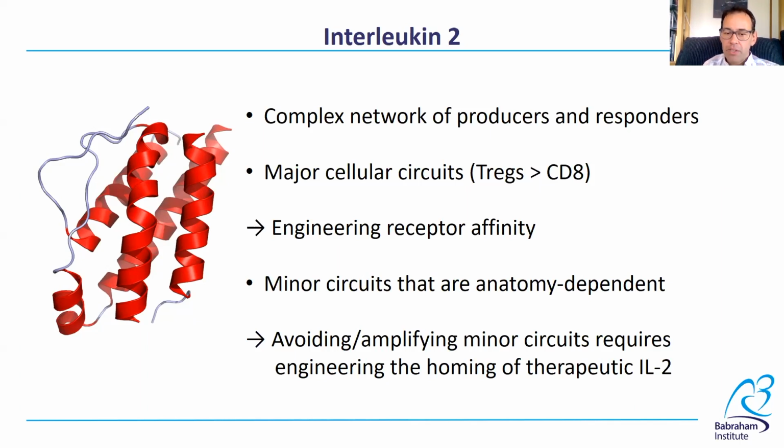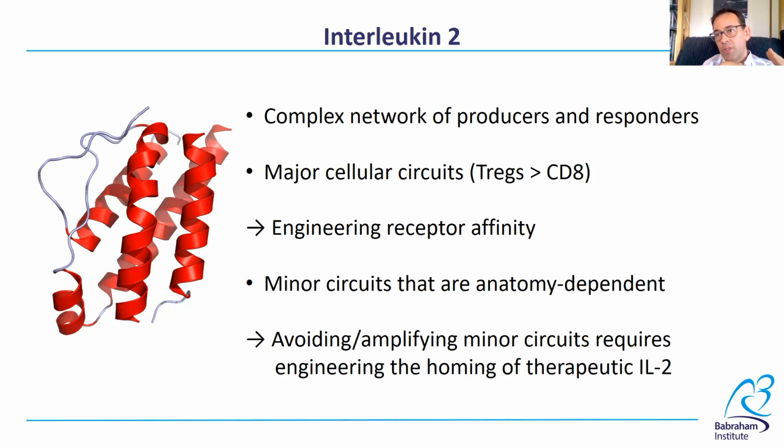However, there are also minor circuits that I've spoken about that are anatomy dependent. And here, I think the lesson is going to be quite different because we're not reliant on different receptors. We're actually relying on anatomical segregation. So if we want to avoid or amplify these minor circuits, we need to engineer the homing of the IL-2 rather than the receptor binding of the IL-2.